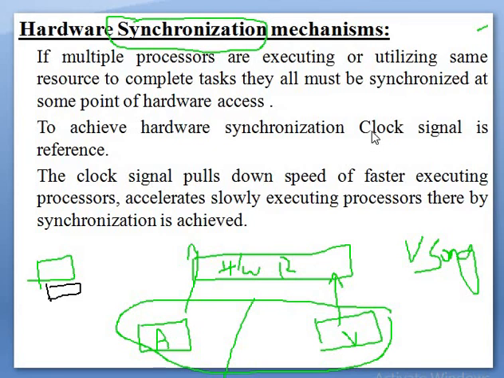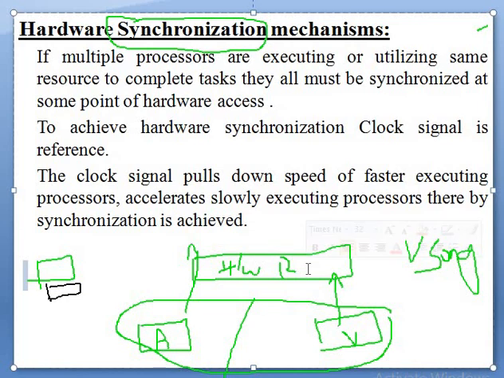It is done with the help of a clock signal. What the clock signal does is pull down the speed of the fast executing activity. What is the fast executing activity? Audio. It pulls down audio and accelerates the slowly executing one, which is video content. So the clock signal accelerates video content and pulls down the speed of audio content.